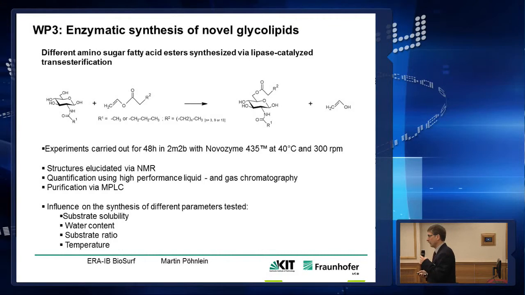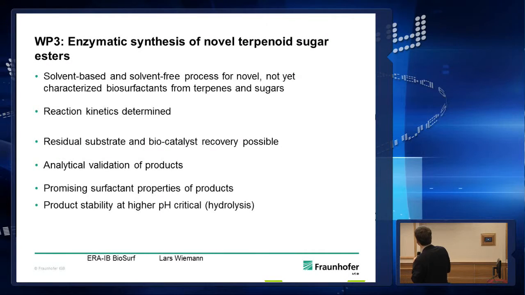And you do that, of course, in a water-free solvent. The structures here were elucidated with NMR, HPLC was used to purify them, and the reaction parameters were tested and optimized. From these compounds, we received sub-gram amounts, so they were not gone into testing in this part of the project so far, but there are definitely new structures with interesting properties.